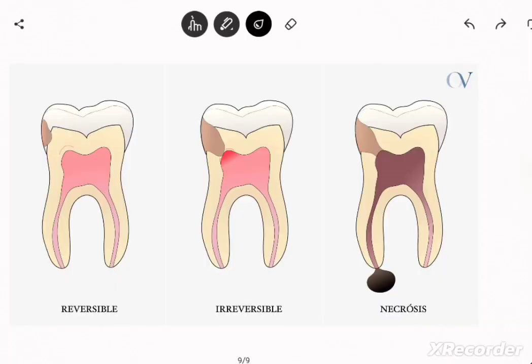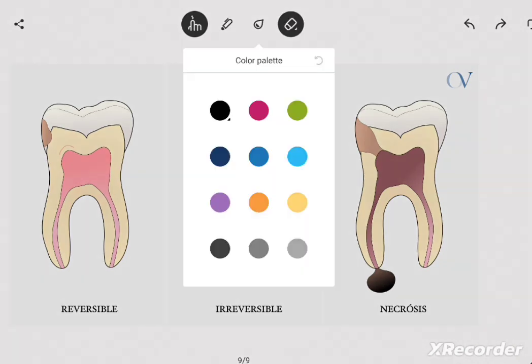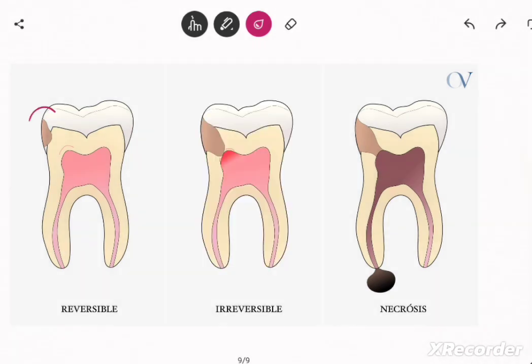So as you can see in the image below, in reversible pulpitis, the carious lesion has not reached the pulp, whereas in case of irreversible pulpitis, the disease has progressed towards the pulp. And finally, it leads to necrosis if it is left untreated.